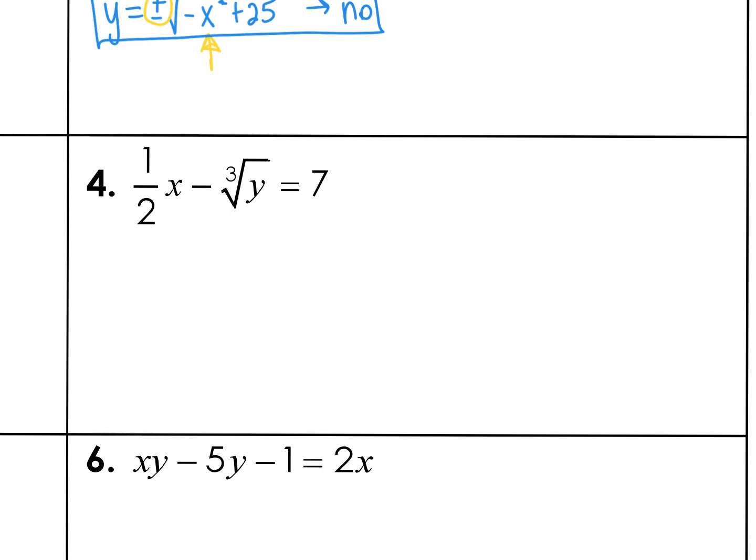All right, I'm going to isolate my y. First thing I need to do is move the x to the other side. I have a positive 1/2 x. So when I move it to the other side, it's going to be a minus 1/2 x. So I'm going to have negative cubed root of y equal to minus 1/2 x plus 7.